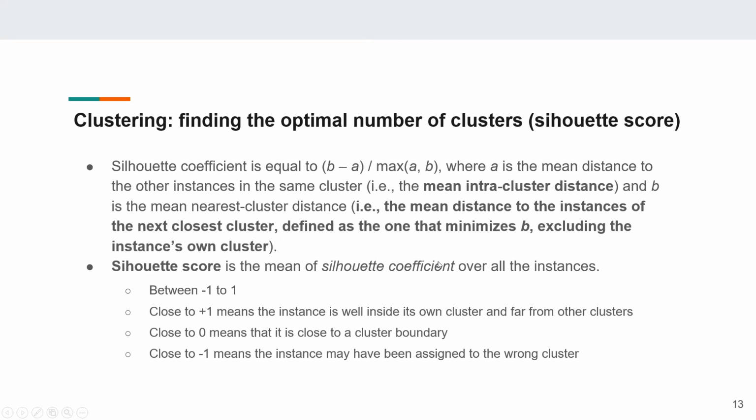Close to 1 means the instance is well inside its own cluster and far from other clusters. Close to 0 means that it is close to a cluster boundary, and -1 means the instance may have been assigned to the wrong cluster.